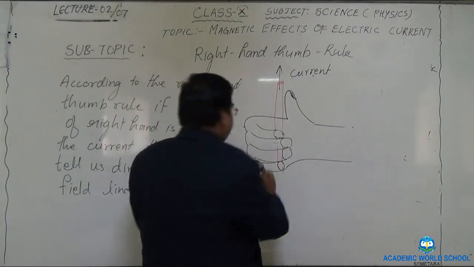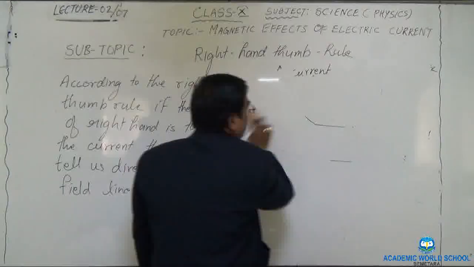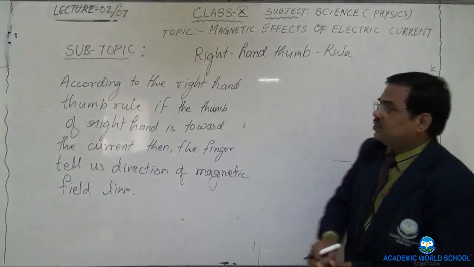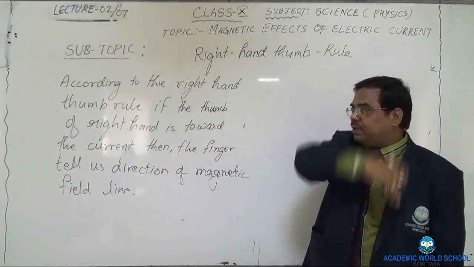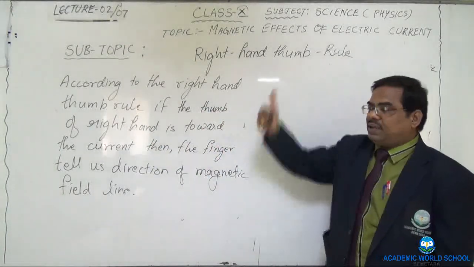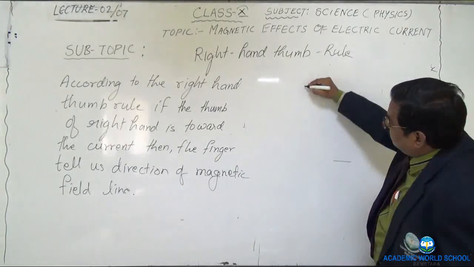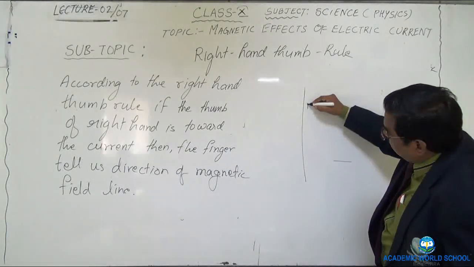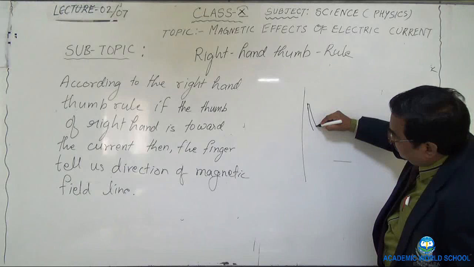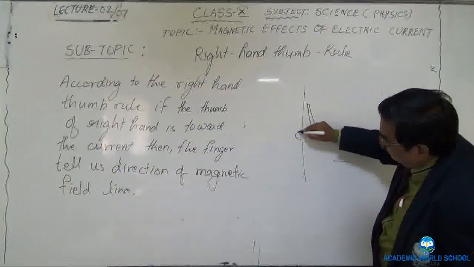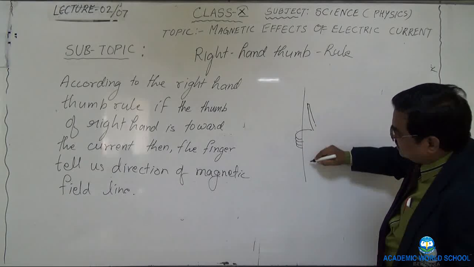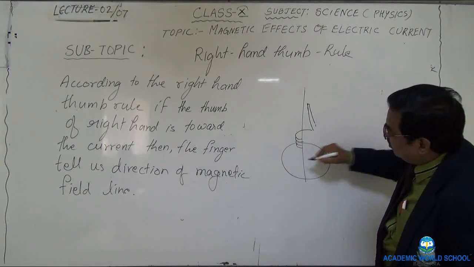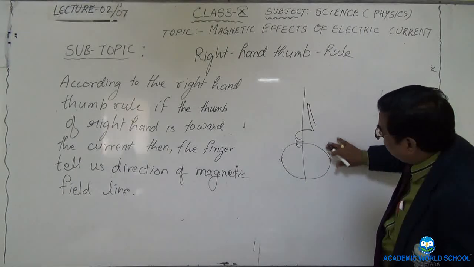So according to the right hand thumb rule, if the thumb is pointing in the direction of the current, then the fingers tell us the direction of the magnetic field line.